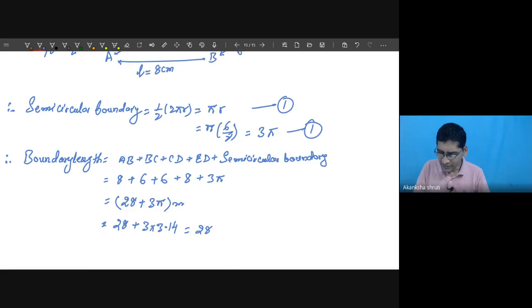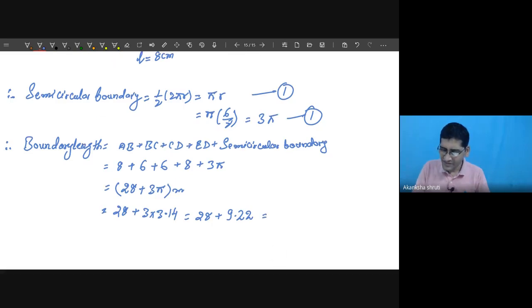It becomes 28 plus 3 3s are 9, then 12. So just add it. It becomes 37.22 meter. This is the answer.